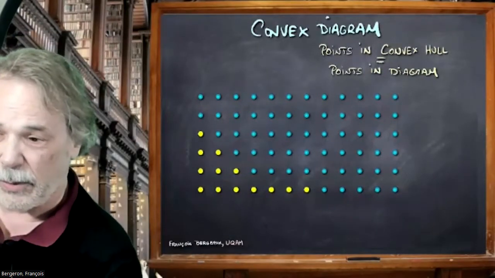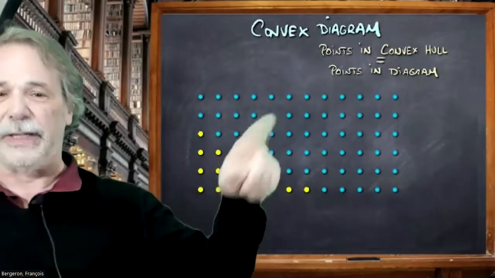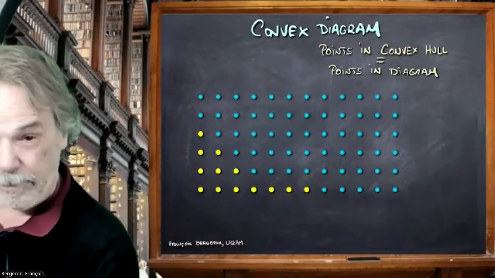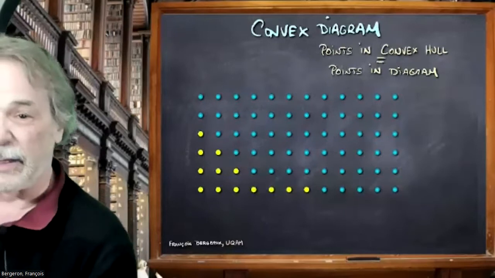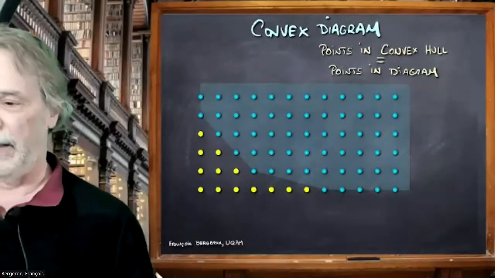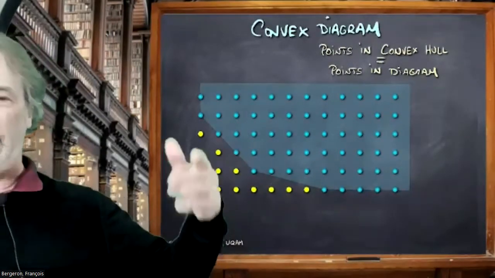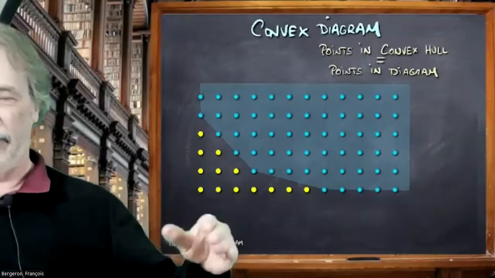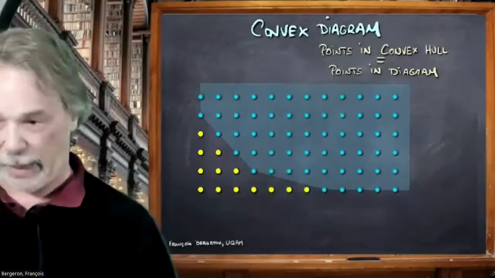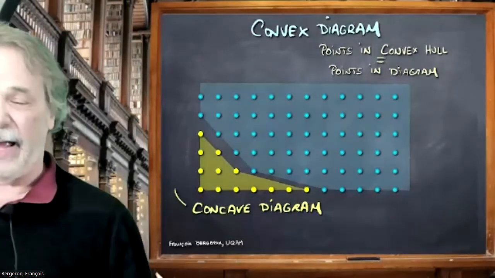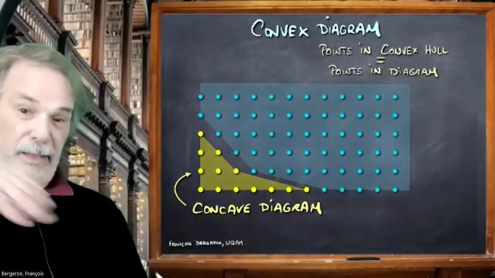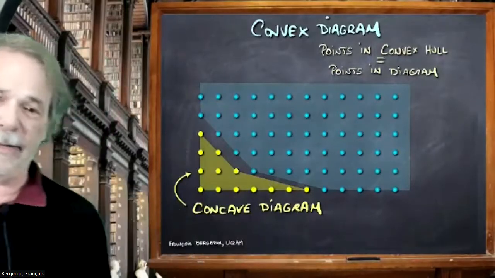And so the complement of the yellow is a convex diagram, and the yellow is a concave diagram. So the yellow part, I'm going to say that it's concave because its complement is convex. It looks like a concave region.